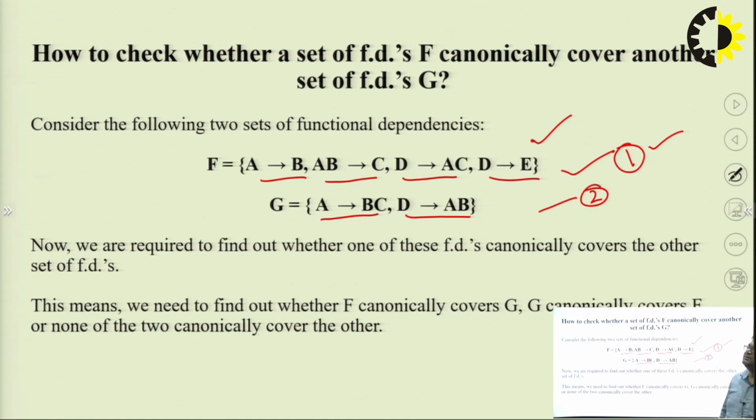We have to compare these two mainly. Does the canonical cover come out the same, or is it a superset, or a subset? So this means we need to find out whether F canonical covers G, G canonical covers F, or none of the two cover the other. One cannot cover each other; this can also be possible.